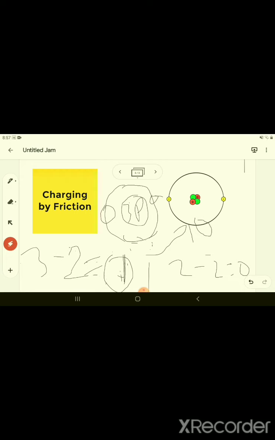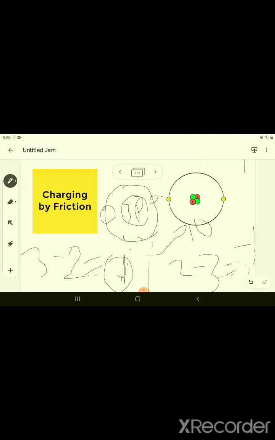So we have minus 3, our 3 negative charges. Now 2 minus 3, yeah, you're correct, is negative 1. So on this side we have an overall minus 1 charge.